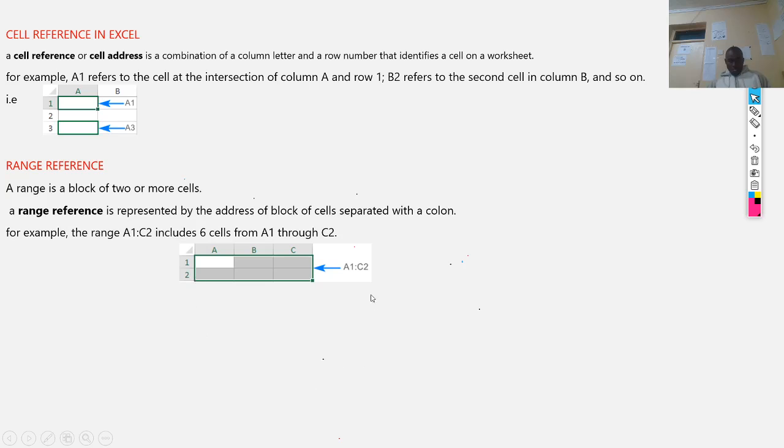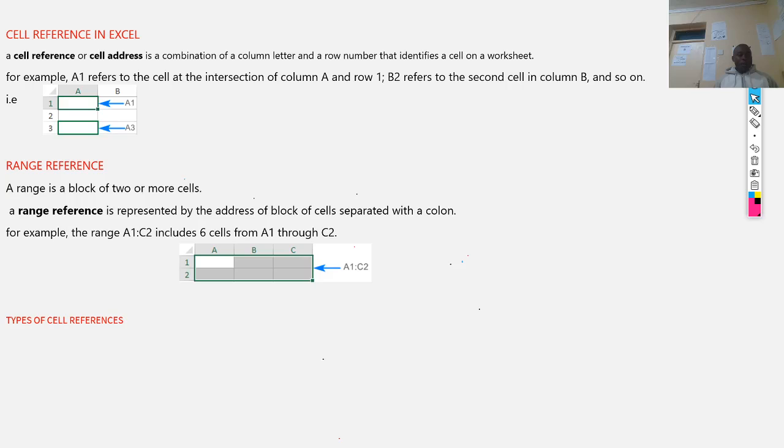You should know how to refer to a range of cells. You start with the top left to the bottom right of the range. So that is how you refer to ranges.